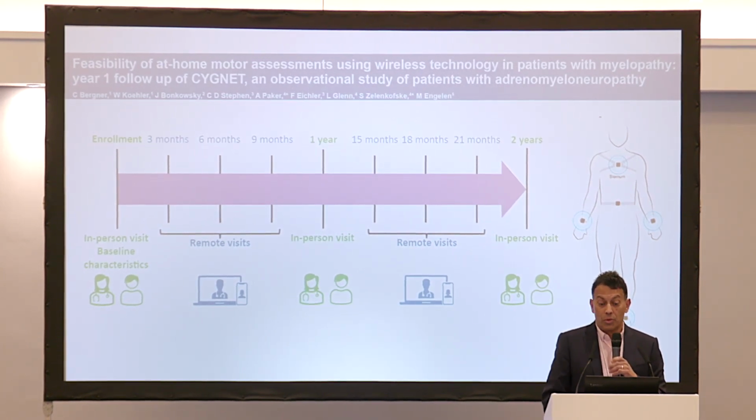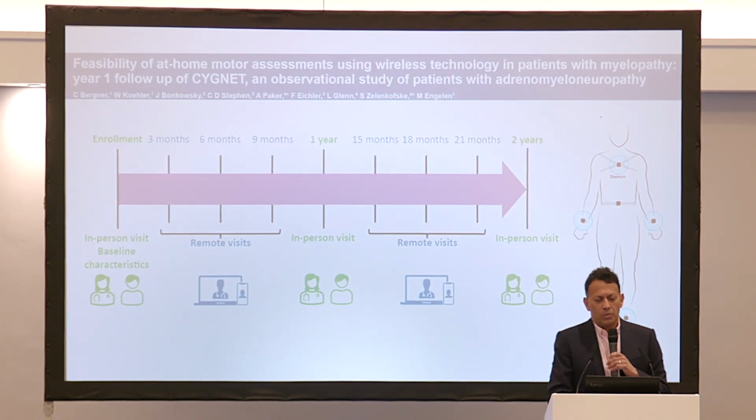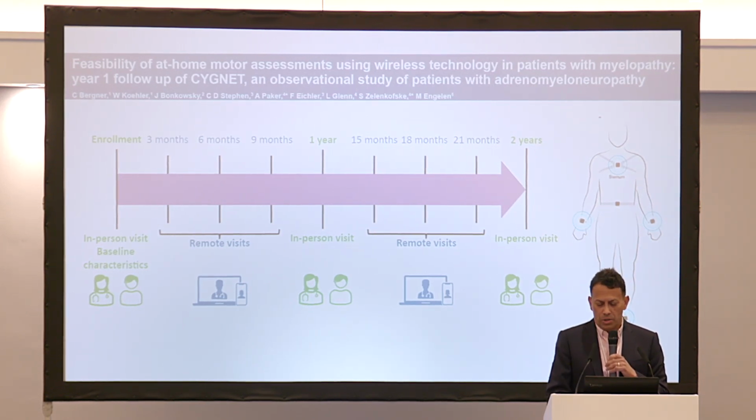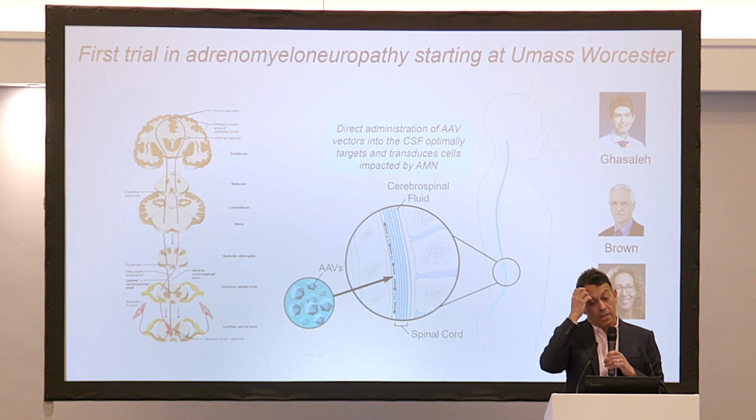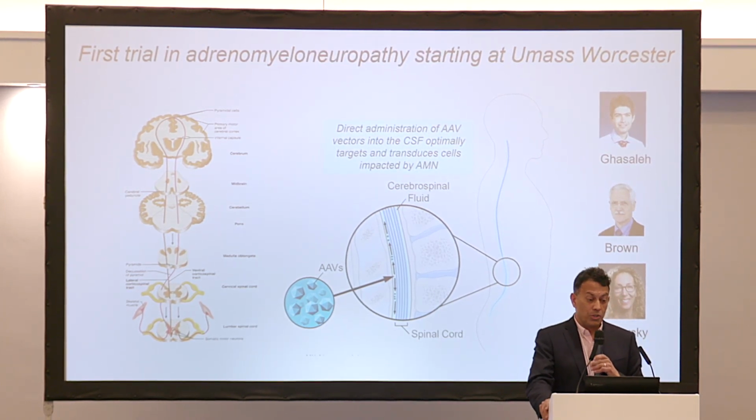So far we've enrolled 65 patients, about a third of them having reached the 1-year mark. I think this is a very nice setup for our gene therapy trial that excitingly has just started at UMass in Worcester.